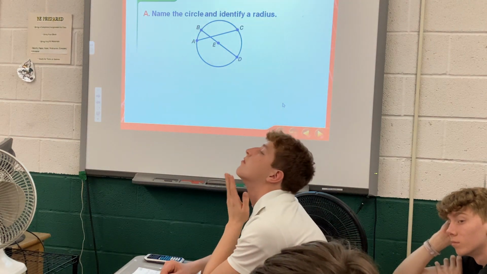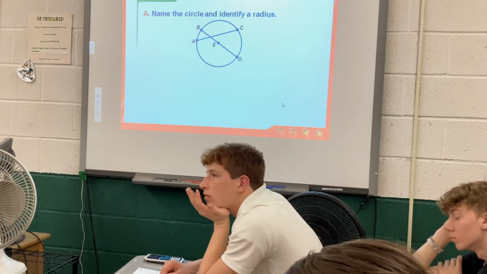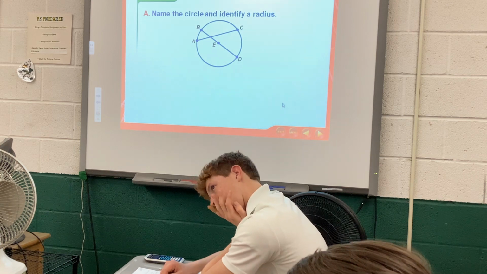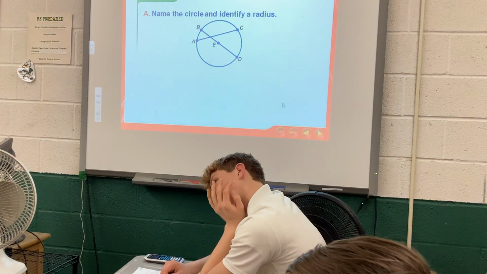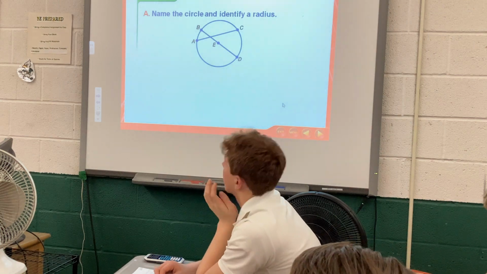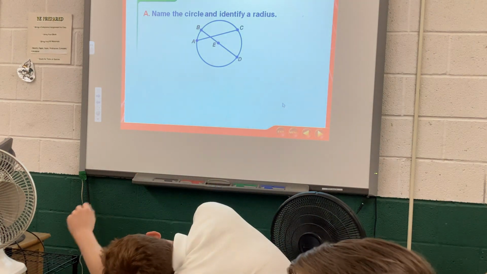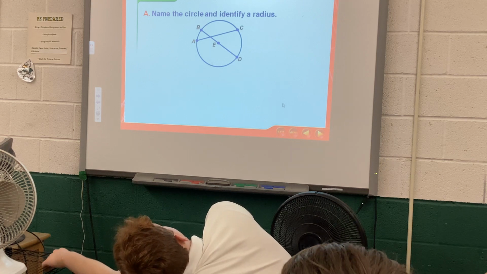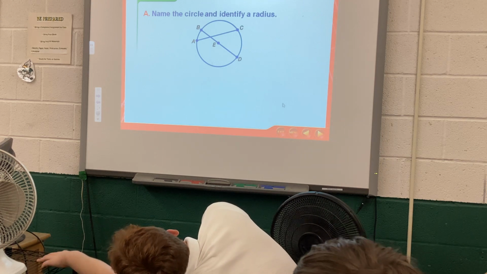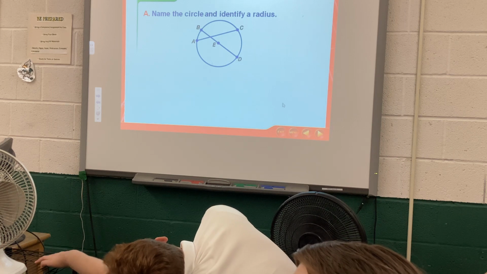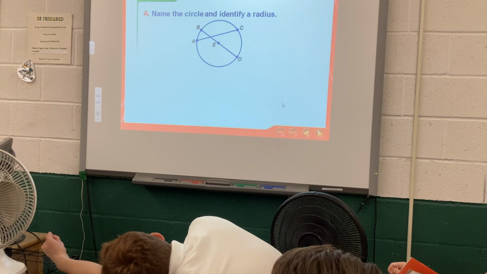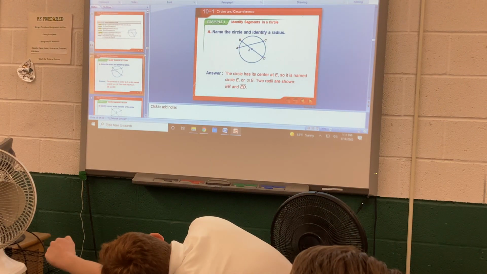You know how the book sometimes doesn't always look like it's a straight line. It kind of looks like it veers off. But if the directions say that BD is a diameter, even if it looks like it veers off in the book, you gotta go with what the directions say. That makes sense? That's really important now, okay? It's really important. So again, that one hopefully was pretty simple.